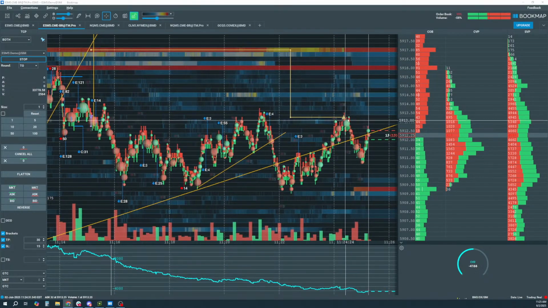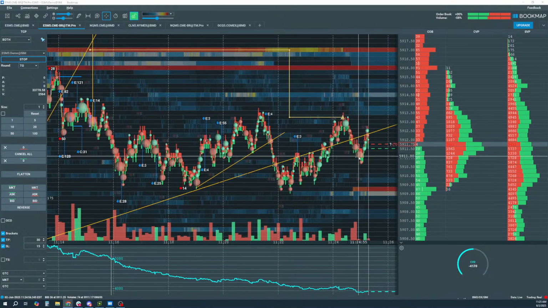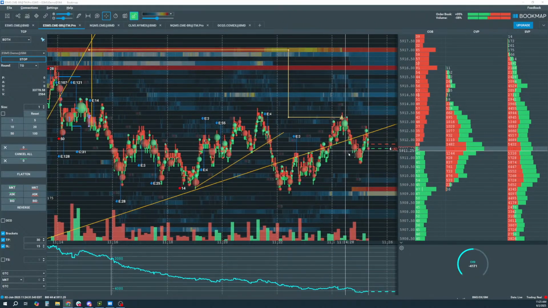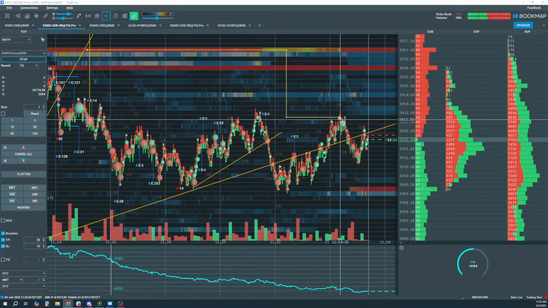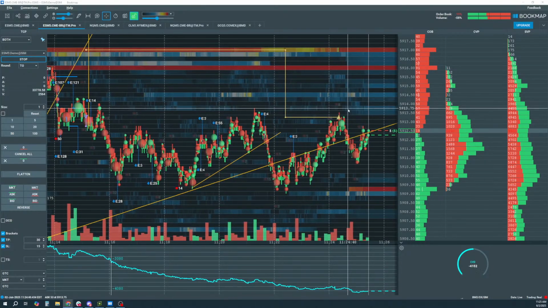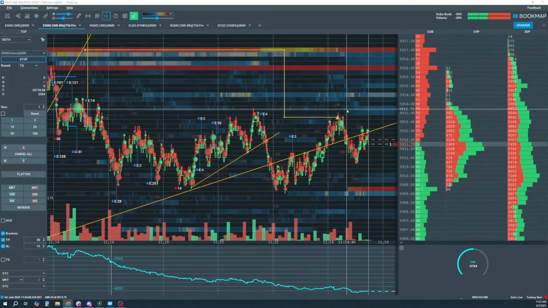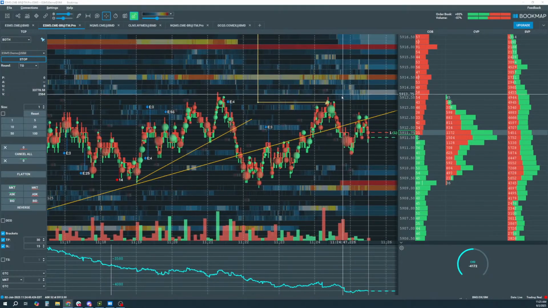And I was assuming we'd get a breakout here. We didn't. We've come back into the range again. So it just continues to chop basically.